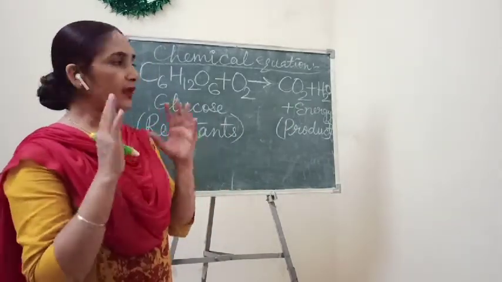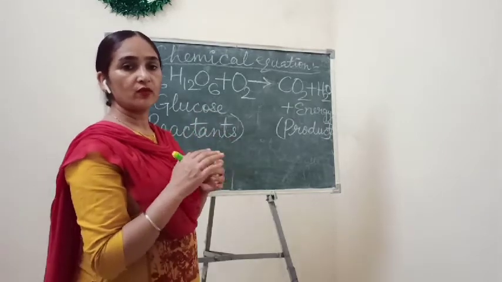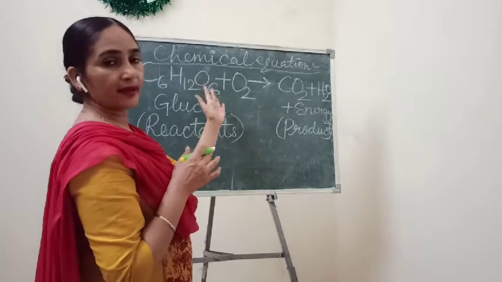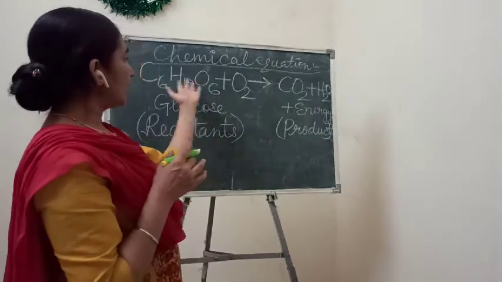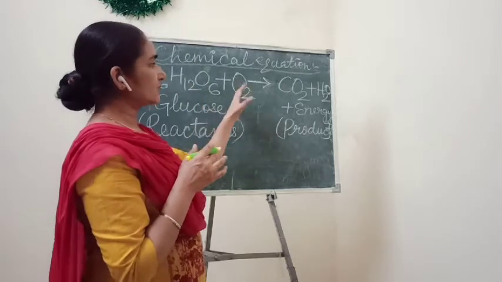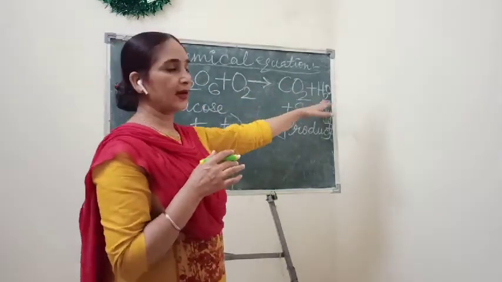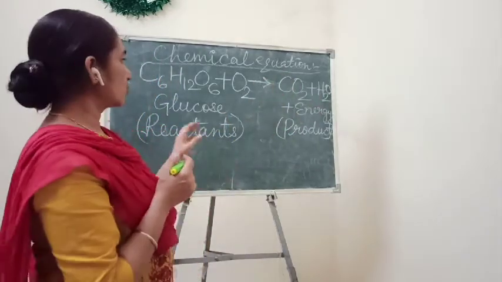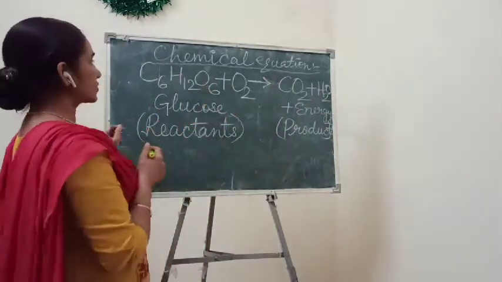Understand? So when we want to balance the equation, we should first check how many elements are present on one side, that many elements or atoms should be present on the other side also, in the product also. So let's balance this equation.